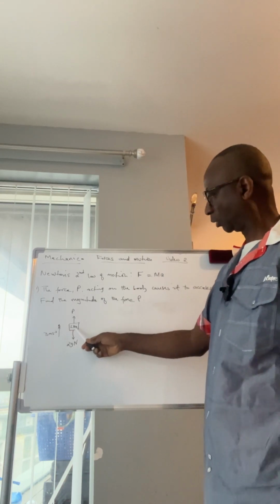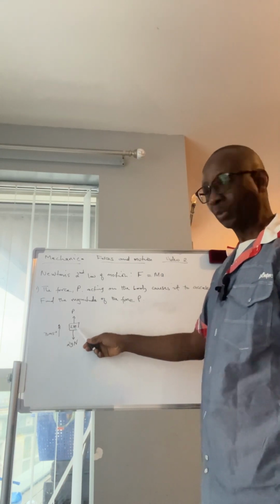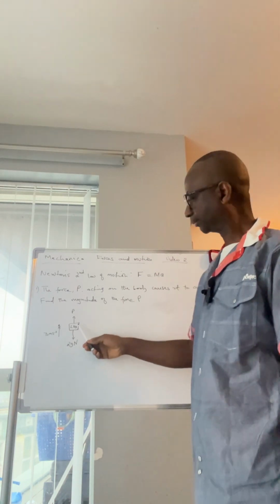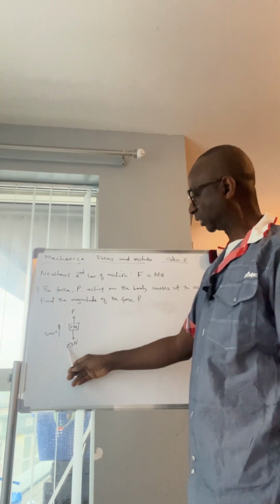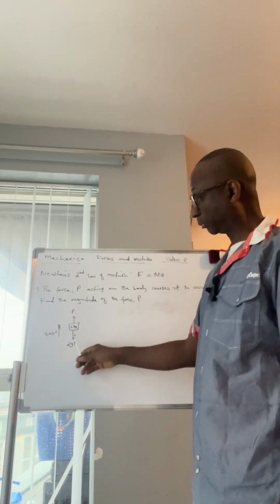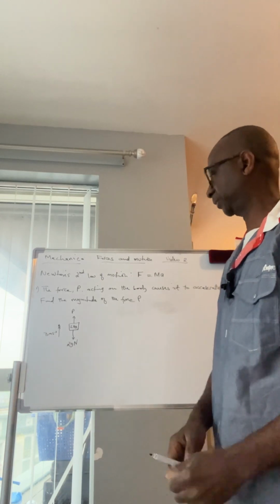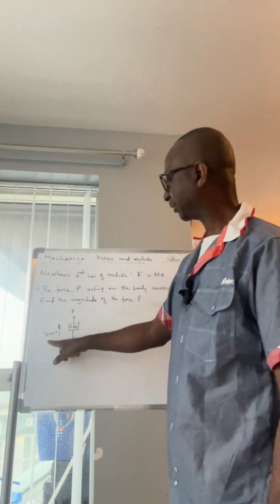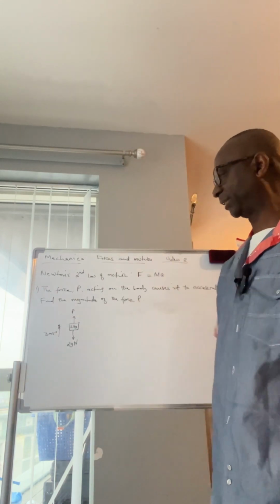The 2 kilograms here is the mass of the particle. Down here you have it multiplied by g, that is acceleration due to gravity. It's now transformed to a weight force. And we are given the acceleration as 3 meters per second squared.